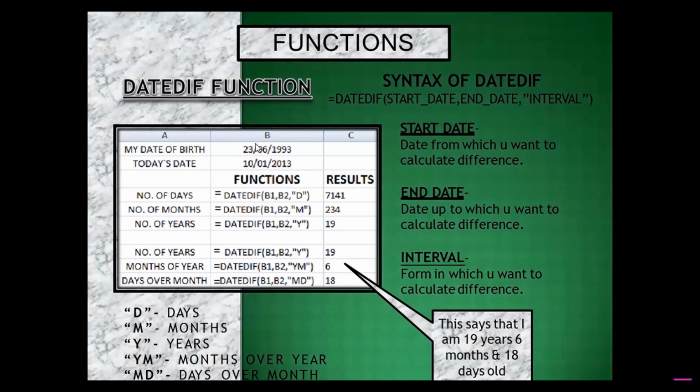Then MD will be used. D, M, Y, YM, MD. That's why we will use them. For example, after the completion of 19 years, 6 months are complete, and after 6 months, 18 days are complete.